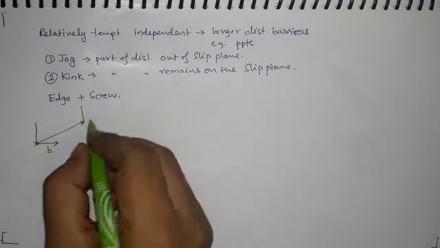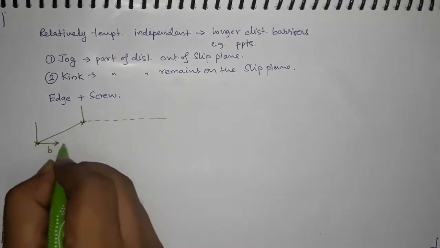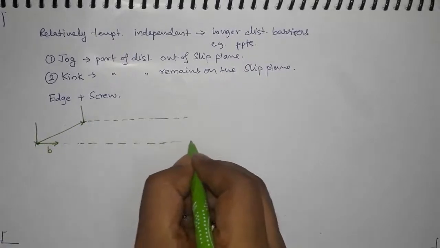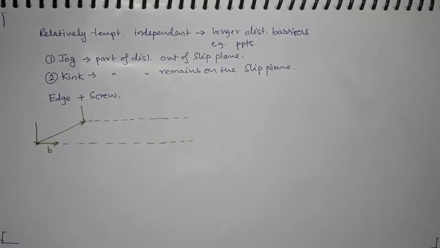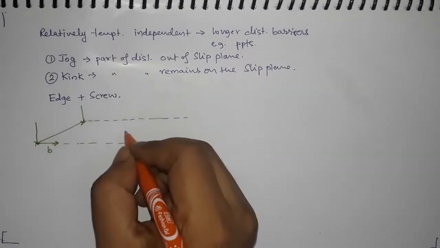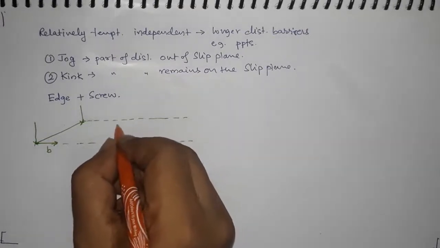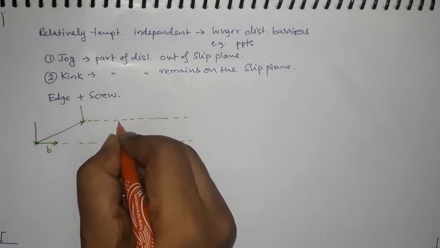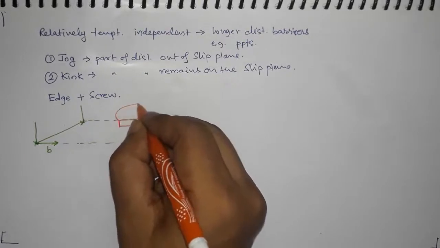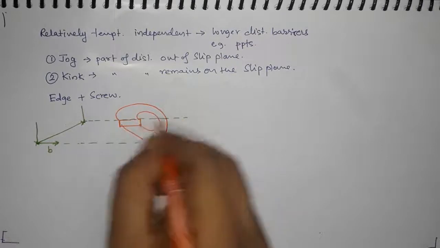Okay, so let me have an extension of the plane on which this edge dislocation will be moving. Now if you remember our diagram where we described the stress on the screw dislocation, so let us say that the screw dislocation is making this type of step, and so it looks something like that.